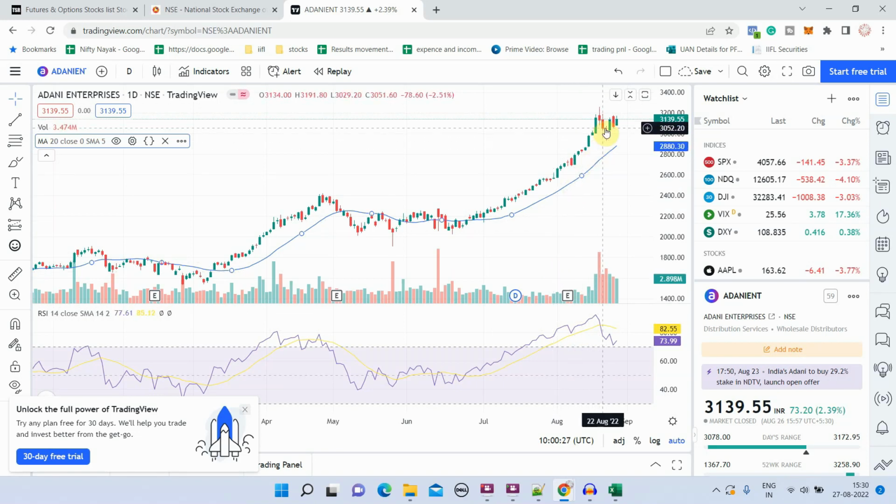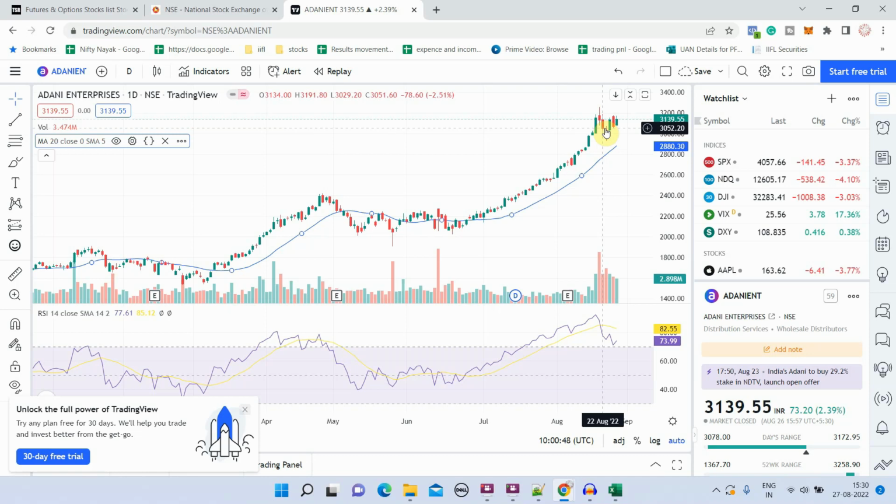And you can see that Adani Enterprises was not in the ban period. It was not in FNO ban. So since all the conditions were met, I went ahead and sold the 3600 call option, which was the last strike price.